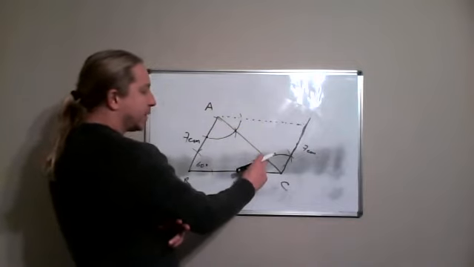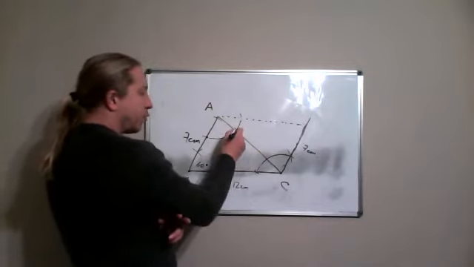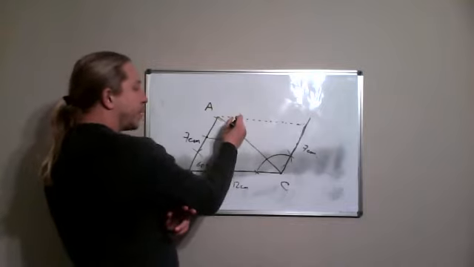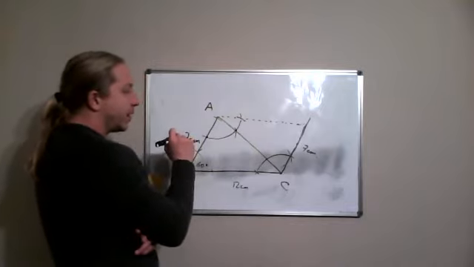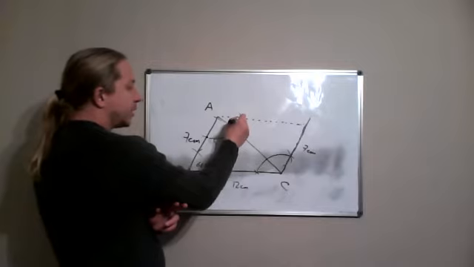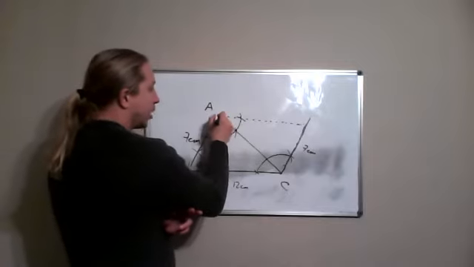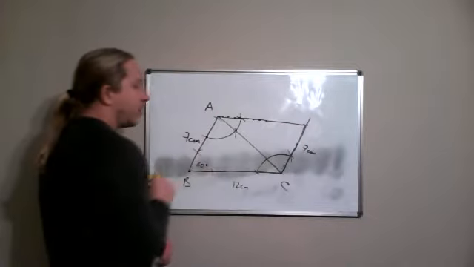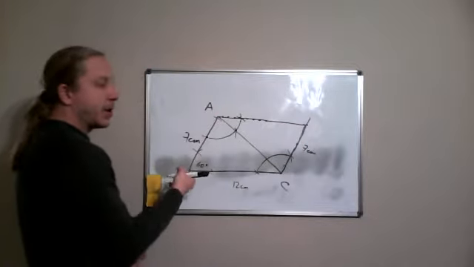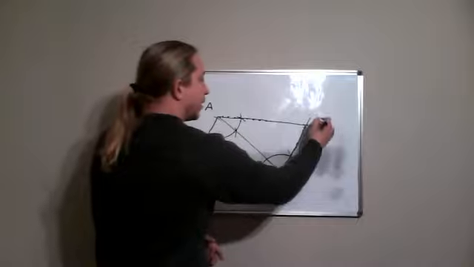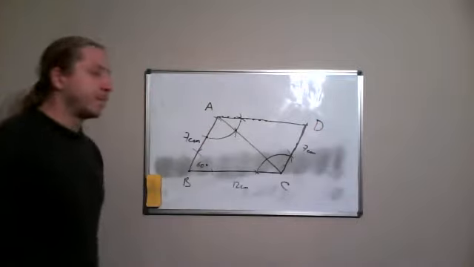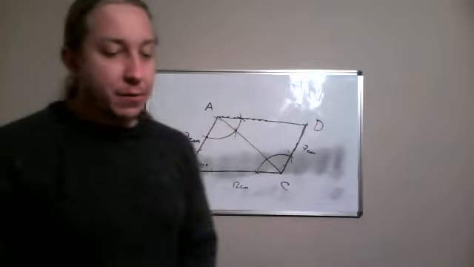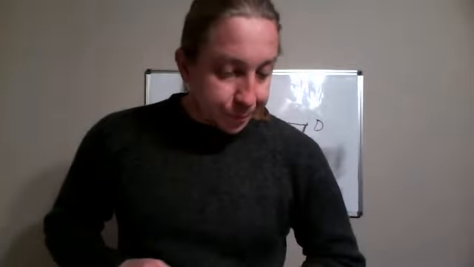Keeping it the same distance, I'm going to put my needle point in here, open my compass, make a mark there. Now, the intersection between those two arcs and this point will exactly give me a parallel line, and it will make a parallelogram ABCD. That's how we construct a parallelogram.